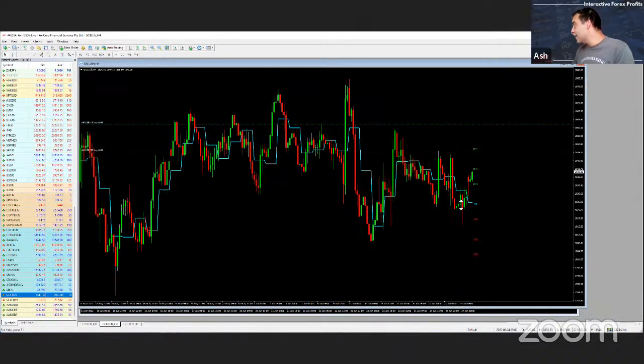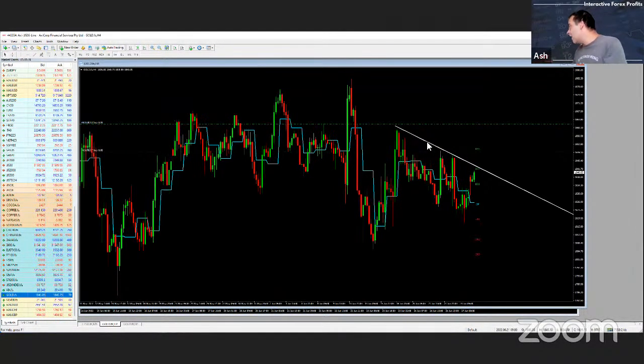And actually, it hasn't come down to the lower level that I was looking for, because I would have bought it again. But now we're starting to push to the upside. Now, this is the area it's got to get through. There are patterns within patterns with gold. If it gets through this area here, the chances are we're going to see some kind of move.